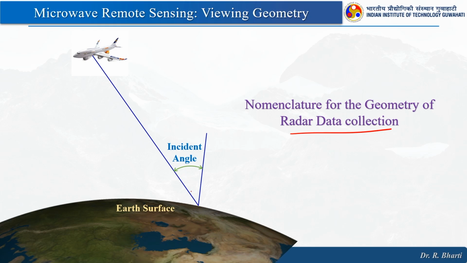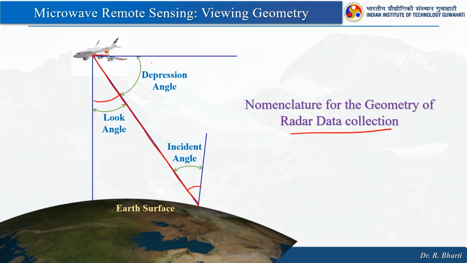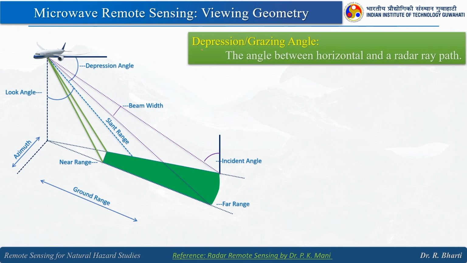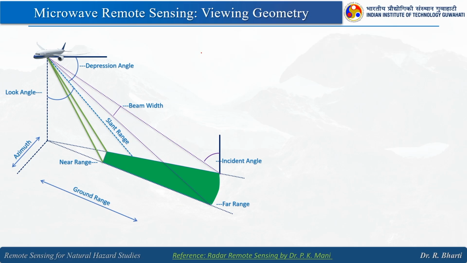So, this is what we have, the incident angle, right, and with the nadir it is making the look angle. This is the beam which is falling on this particular surface, right, and with the flight direction it will make the depression angle. Here one by one we will see. You see the animation, it will be very clear.